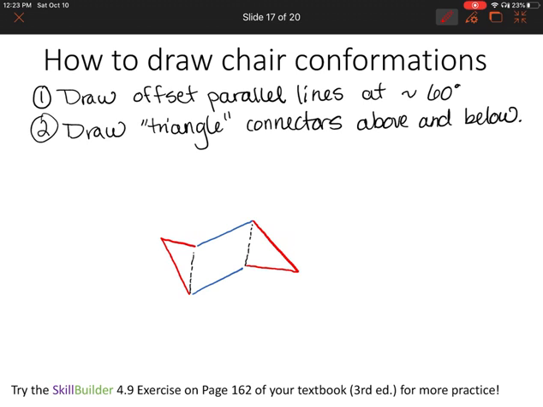So it almost looks like a folded up piece of paper, or another way to think of it is like a lounge chair. So one side is the headrest of your lounge chair, the other side is the footrest. But all lines should be parallel.